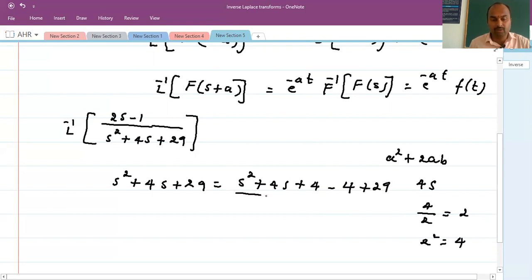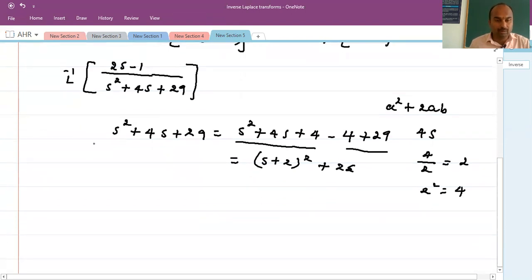Now the first three terms become, and you combine these two. So this is of the form a square plus 2ab plus b square, so we can write this as s plus 2 whole square. And this 29 minus 4 will be 25.